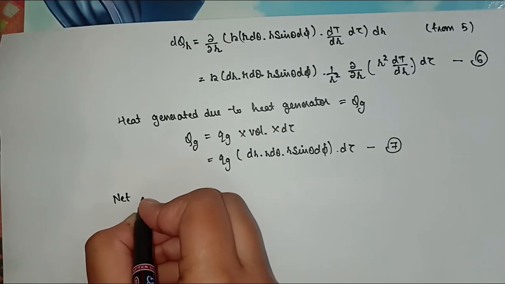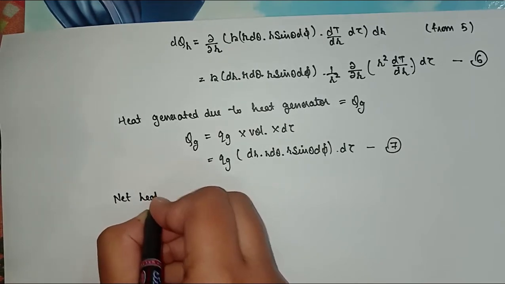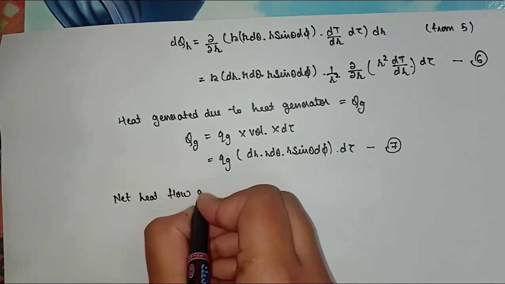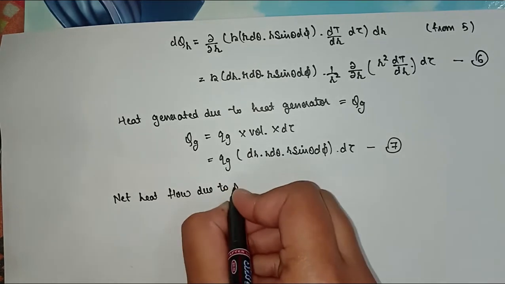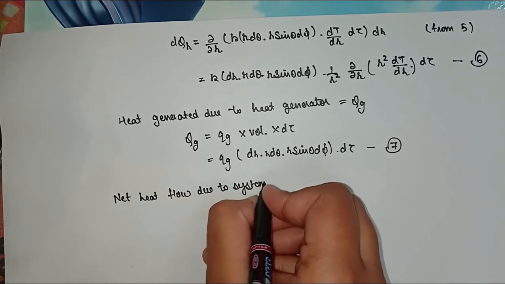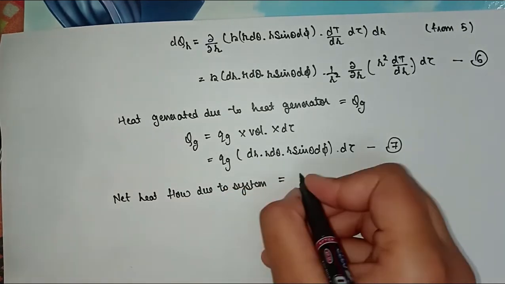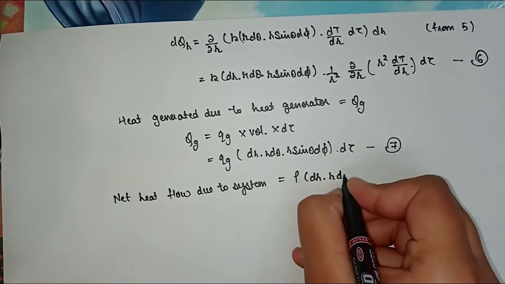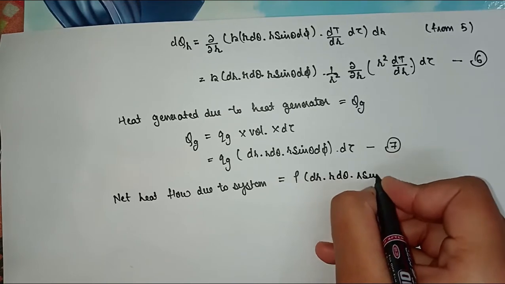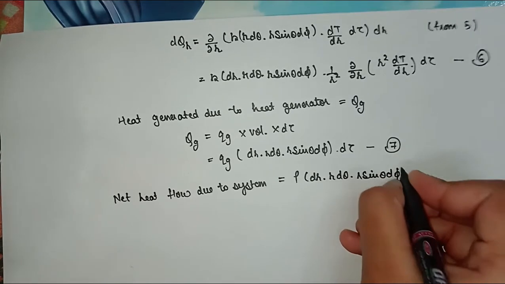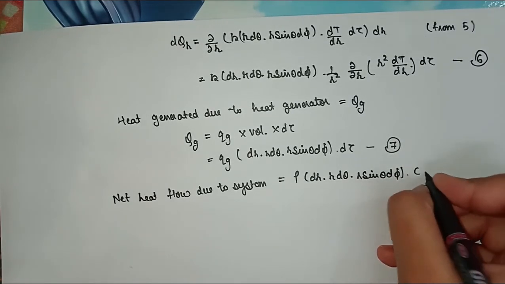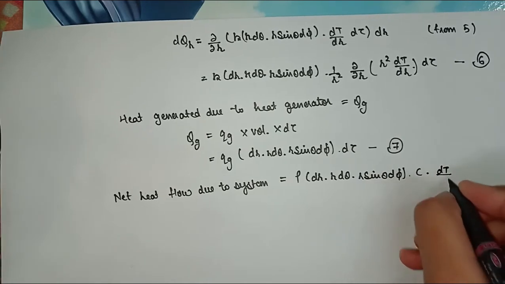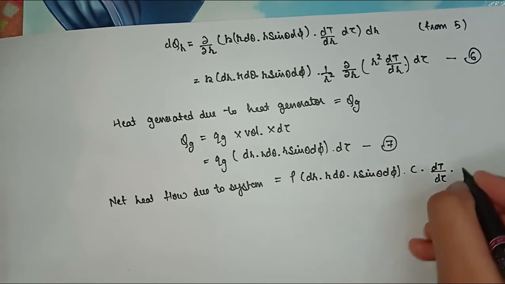Now the net heat flow through the system will be equal to density into dr into r dθ into r sinθ dφ into c into dT upon dτ into dτ.